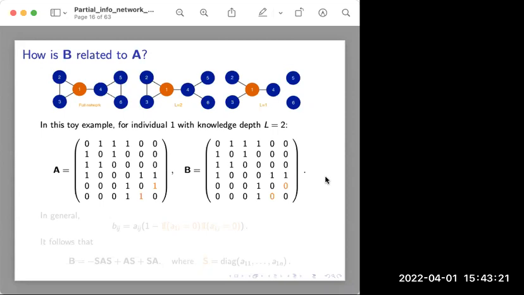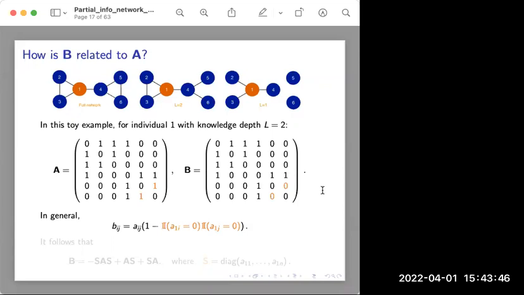So let's go back to the toy example again with 6 individuals. Here is the full adjacency matrix A encoding all the relationships. Under L equals 2, I don't observe the edge between node 5 and 6, so these entries are 0 in the B matrix.